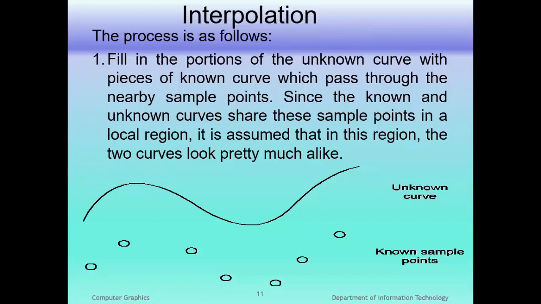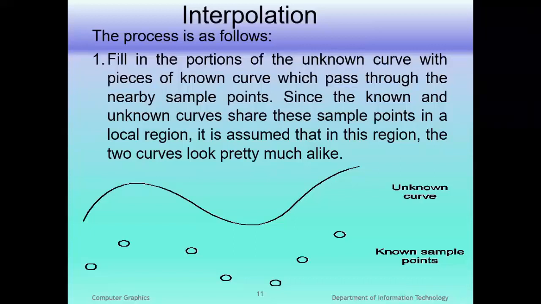We can draw an approximation to a curve if we have an array of sample points. We know that a curve is a set of points or pixels. The sample points are nothing but some points on the estimated path of the curve. From these few sample points, we can guess the shape of the curve.